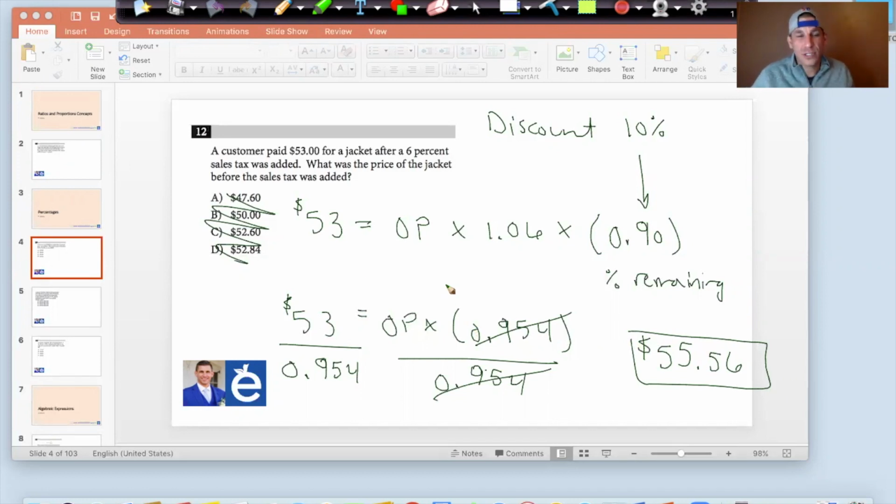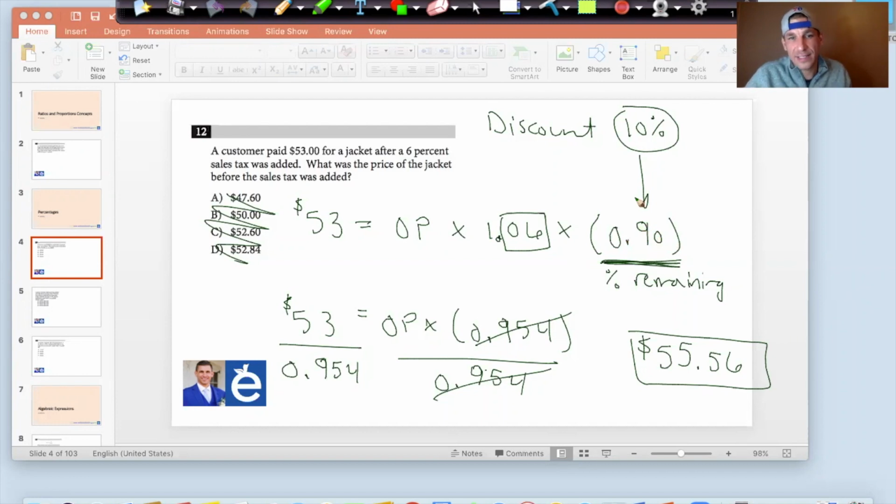Basically, what I'm telling you is that if you have some sort of tax increase, be prepared for the fact that you're going to multiply by 1 point something. If you have a percentage decrease on the SAT, be prepared that you're going to multiply by your percentage remaining. So this isn't 0.1, it's 0.9, because this symbolizes the fact you have a discount.